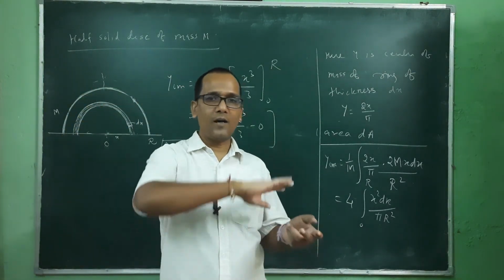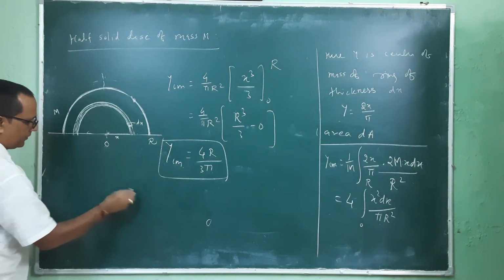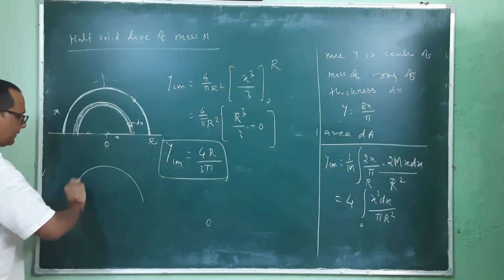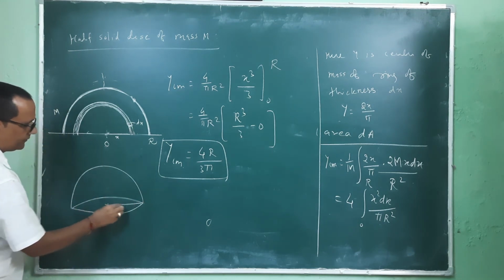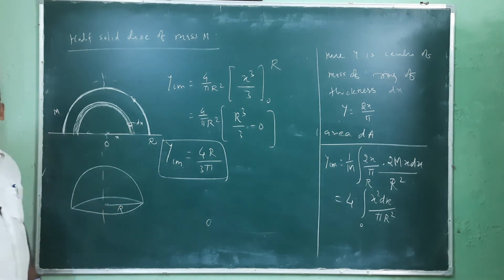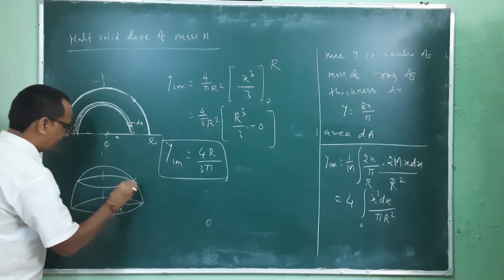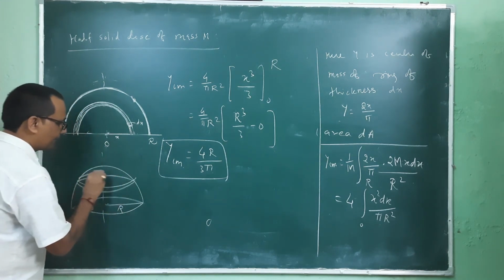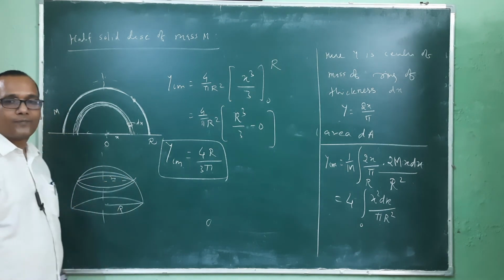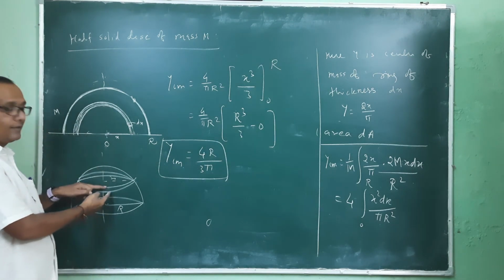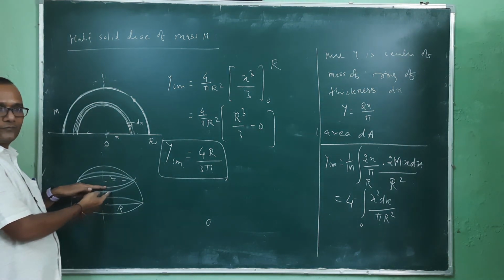Just to take up the half disk. In place of this, if we have this half circular disk like this, radius r. Okay, so in this case we will take one strip here somewhere at x, and we will calculate dm for this.